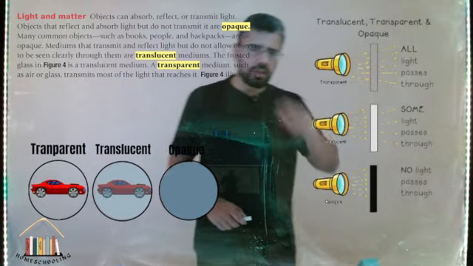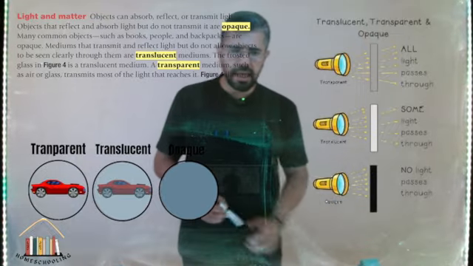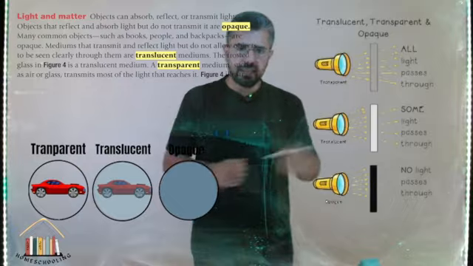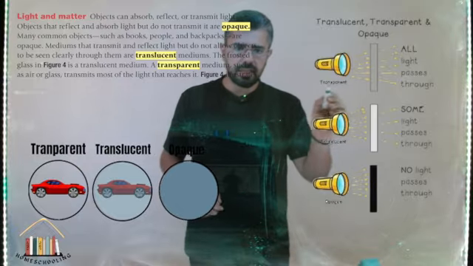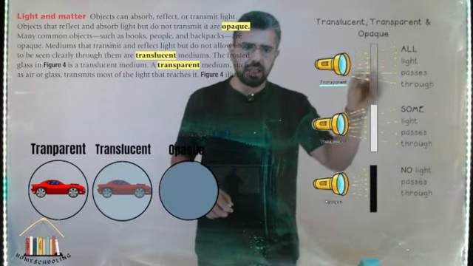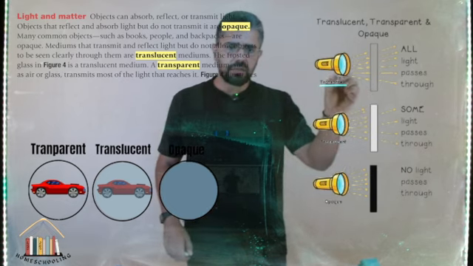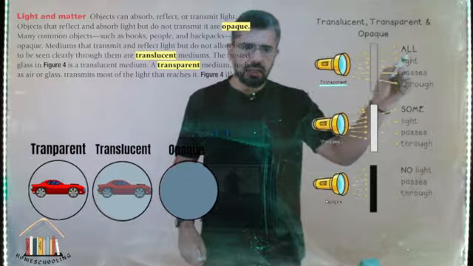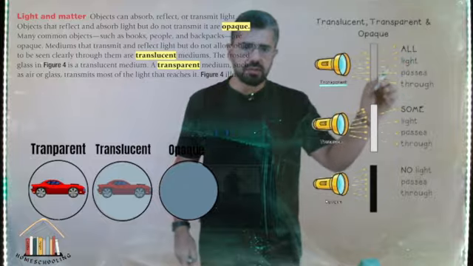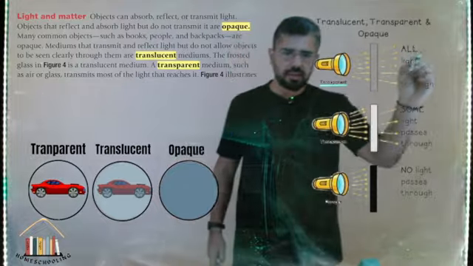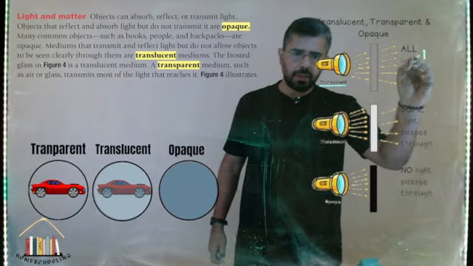So either the object is a transparent object. Let's imagine we have a transparent object like here. All the light starting from the source passes through. So this is called a transparent object. We can see through.